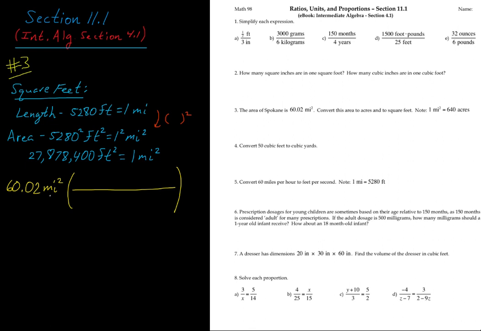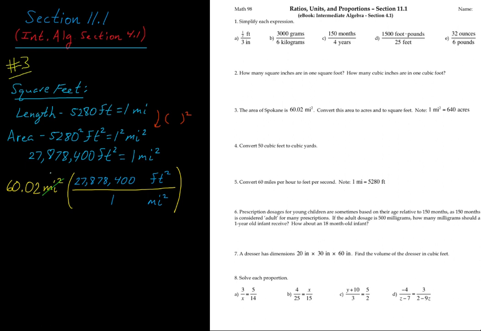And since I have square miles here, I'm going to put the square miles in the conversion factor down in the denominator, so it'll cancel with that. And then I would want my square feet up in the numerator. Now I have this whopping number, 27,878,400 of those square feet will make up 1 square mile, okay?